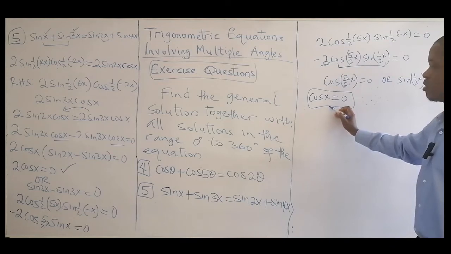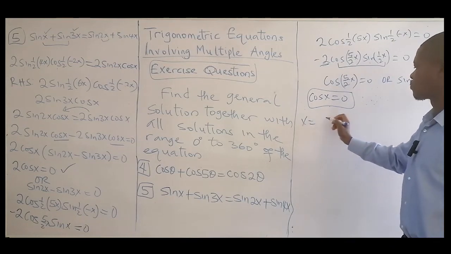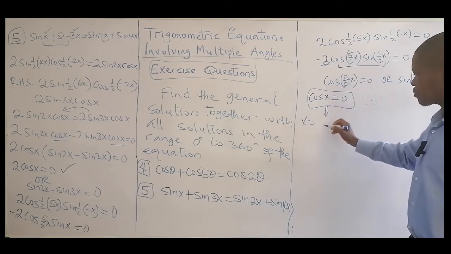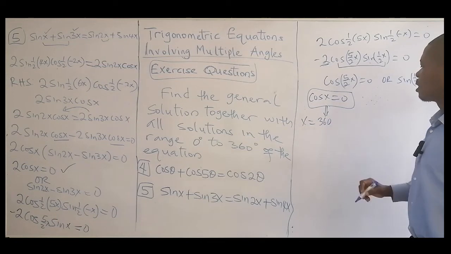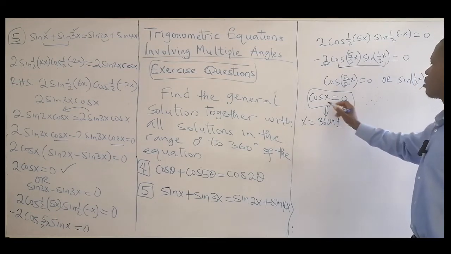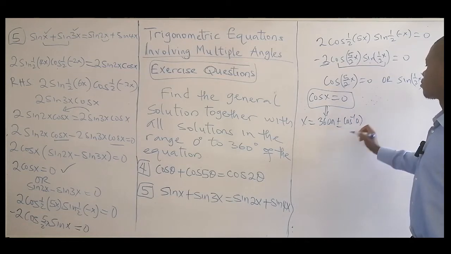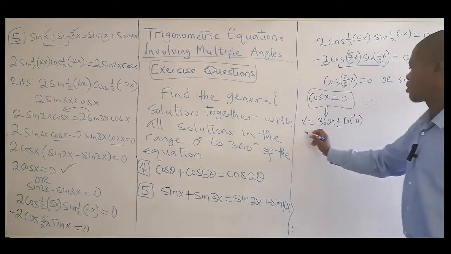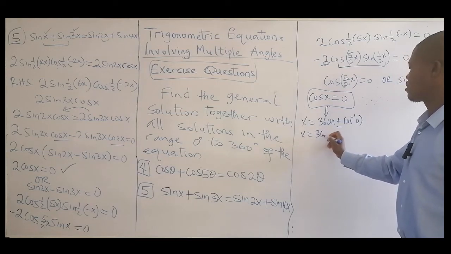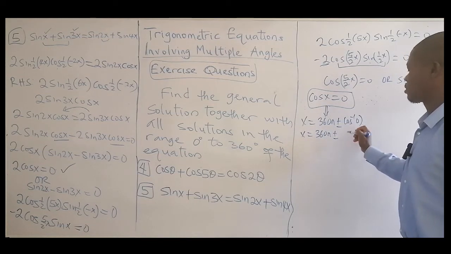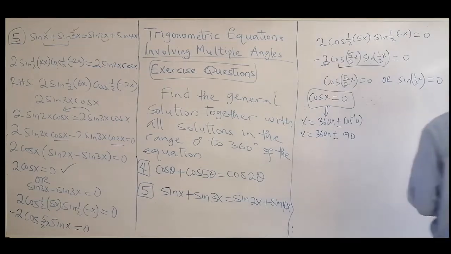The general solution for this one will be x equal to 360n plus or minus arccosine of 0. That's arccosine of 0, and that will be x equal to 360n plus or minus, I think that's 90. Yeah, that's 90.